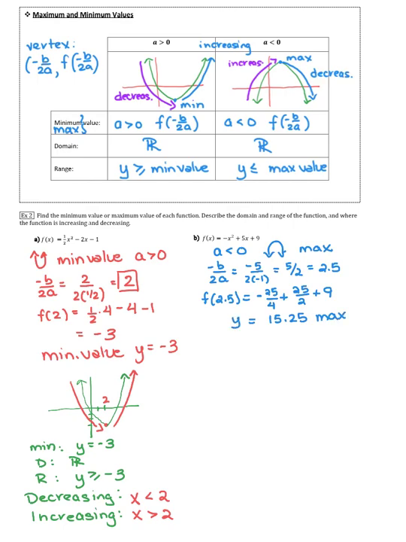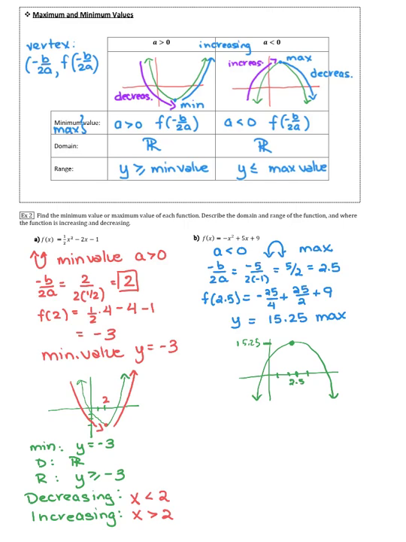Okay, so we can give ourselves again a quick sketch just to see what's going on here. So we know that at 2.5 and at 15.25, so this is 2.5 right here, my graph is up here, so it's going to come down like this.